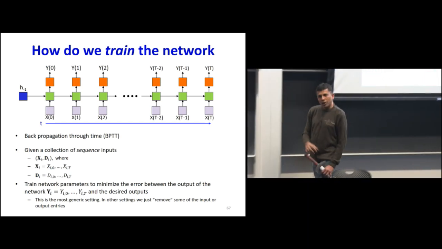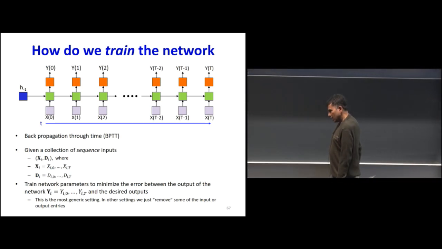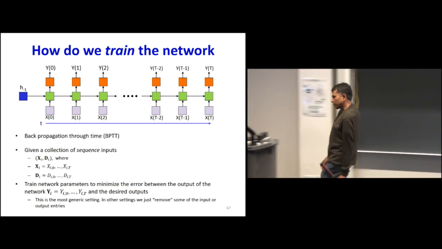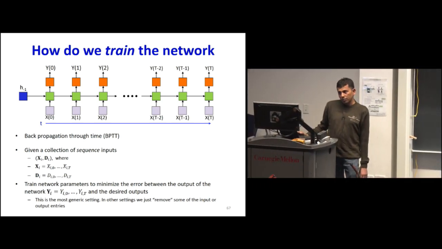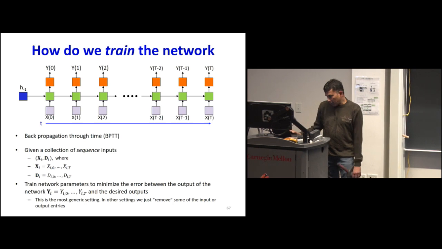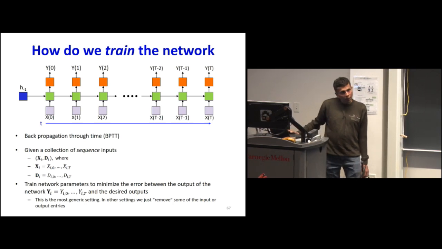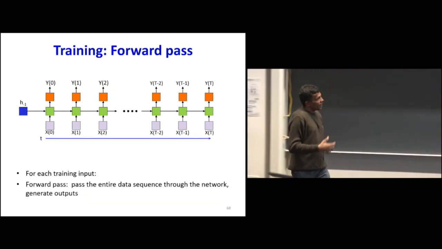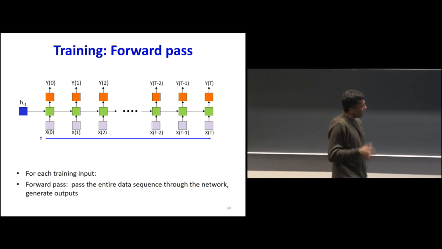And we're going to actually define a divergence between the current output of the network and the target output when we perform our backpropagation.